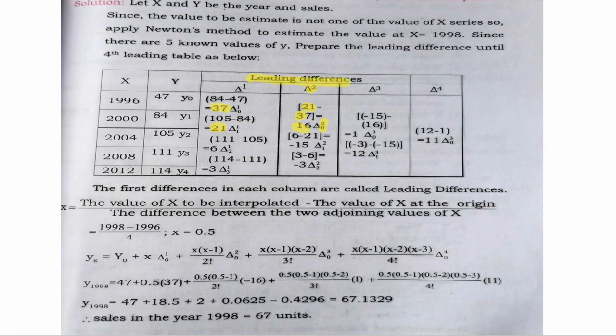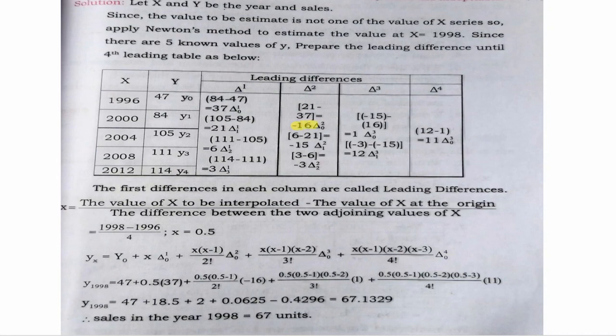Delta to the power of 1 minus delta not to the power of 1, that is 21 minus 37, it is minus 16.